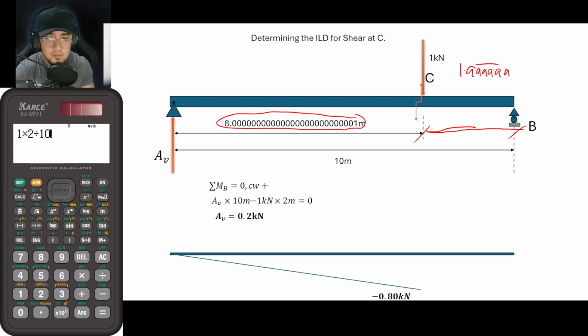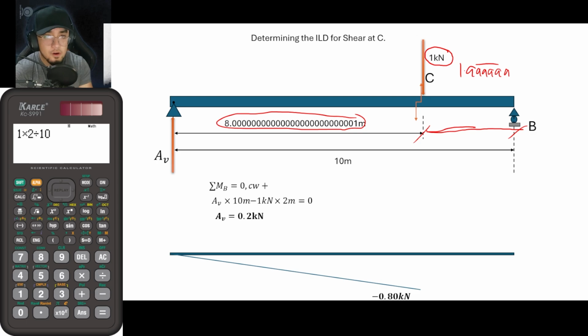So if that is 0.2 kilonewtons, and it is still the same, what would change in our instance right now? Take note, guys, that once again, we have moved this 1 kilonewton load a tiny bit to the right.